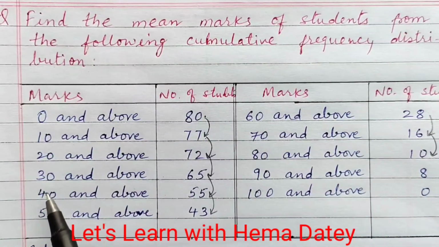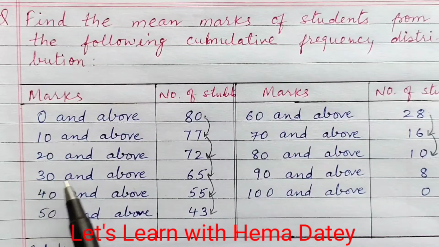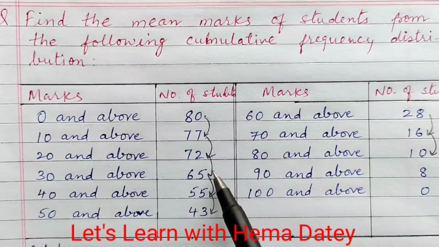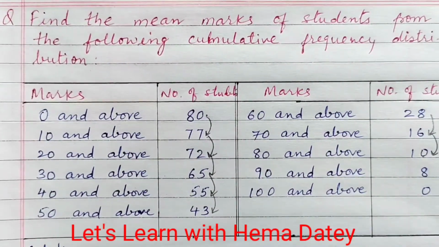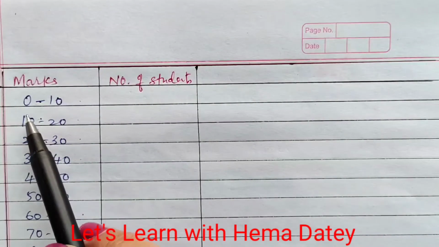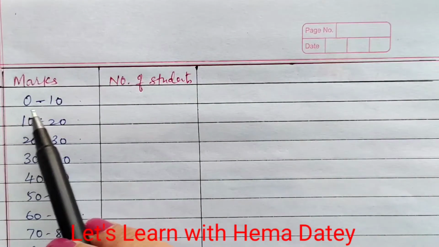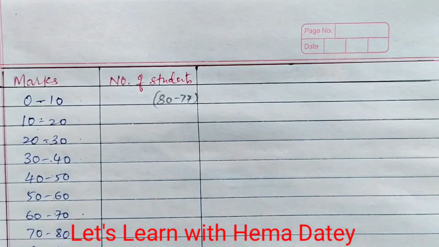Again, to get the number of students getting marks from 20 to 30, we'll subtract 65 from 72. So the number of students getting marks from 0 to 10 are 80 minus 77, and that is 3.